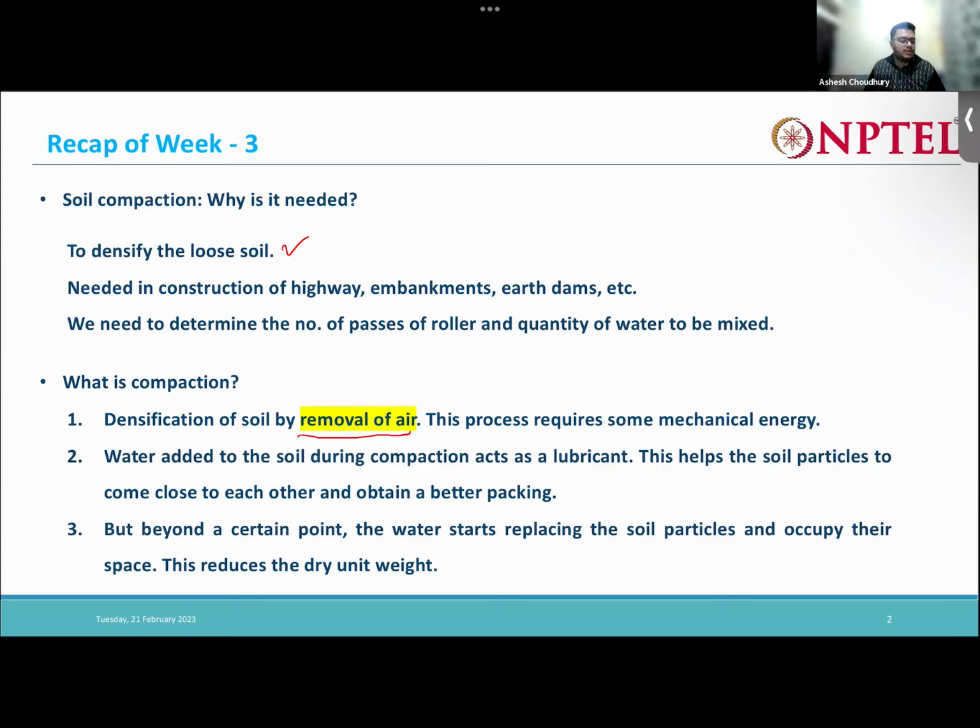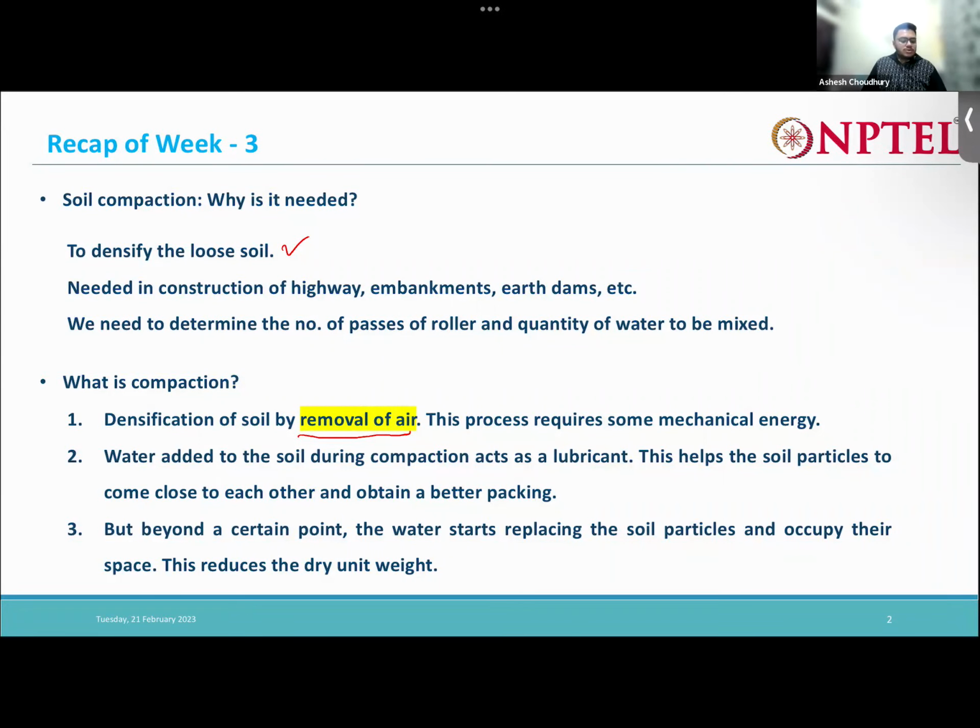You are densifying the soil mass by removing air, not water or something else. This is known as compaction.